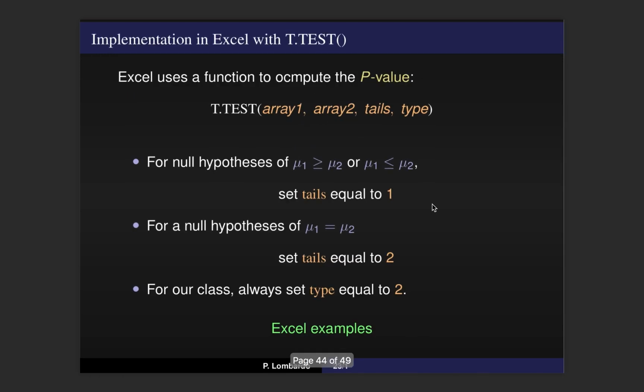And these can take three general forms, right? You could have a null hypothesis that the first population is greater than or equal. You could have the first population less than or equal to the mean for the second, or you could have exact equality. So we still have sort of three tests. The t-test command, however, simplifies this into one-tailed tests and two-tailed tests and automatically makes the adjustments for you, so you don't have to worry about differences between the left and the right tail.